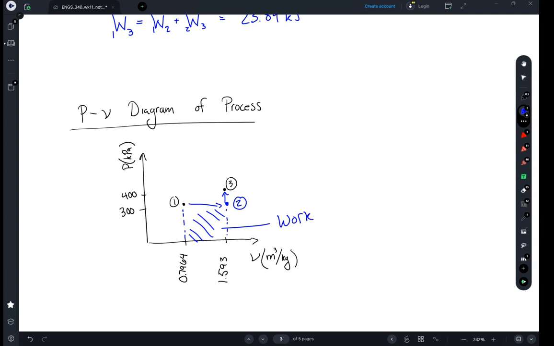So we can see that straight vertical line between 2 and 3, because it's a vertical line, it doesn't have any area under the curve, and that's why the work is 0. If we want to convince ourselves, for the other one, if we just found the area of that shape, it would exactly match the equation that we got for work 1-2.